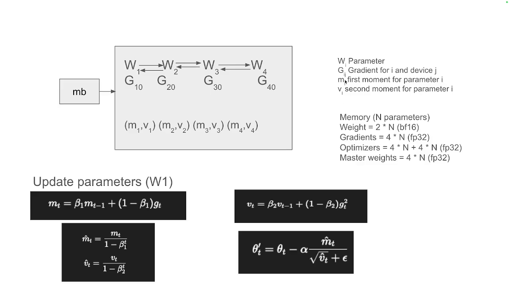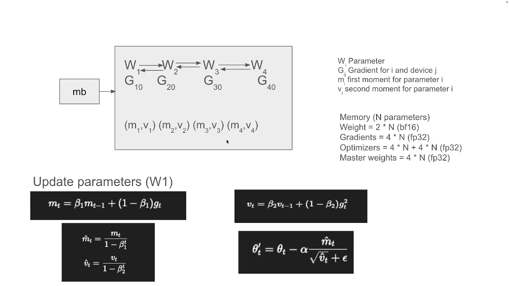The terminology is that this is the gradient for device 0, for the first weight, w1, on device 0. And m1, v1, m2, v2, m3, v3, all these are the first and second moments of the AdamW optimizer.